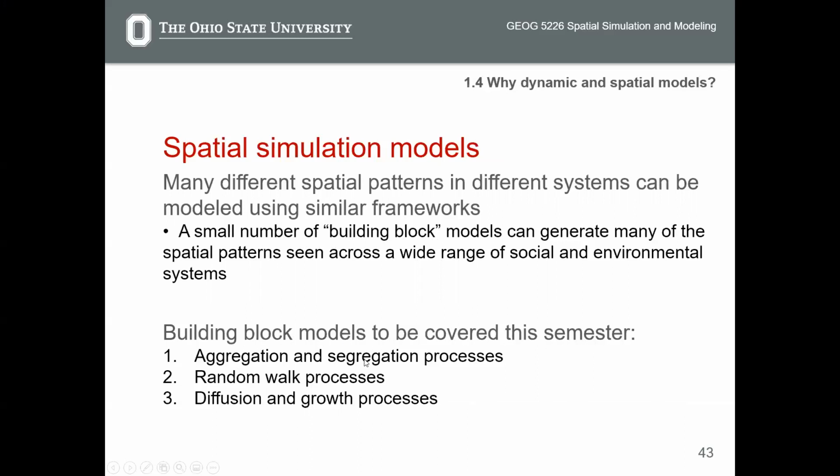Aggregation and segregation processes, right? This type of process can be used to address the expansion or the spatial distribution of, or you can say the structure of a city or a structure of a forest. Random walk processes can be used to address the foraging process of animals, or they can be used to guide a lot of things. We'll talk about that later.